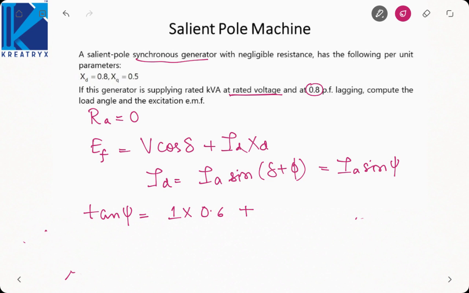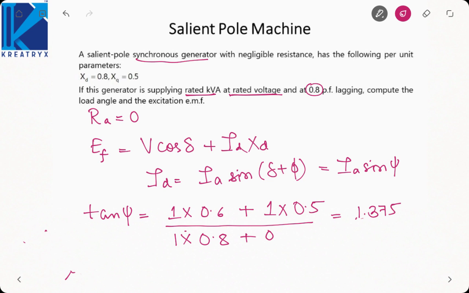IA is how much? 1 pu, because of rated kVA, into XQ, which is 0.5, upon V cos phi, 0.8, plus IA RA. RA is 0, so it can be neglected. So it will come out to be 1.375.